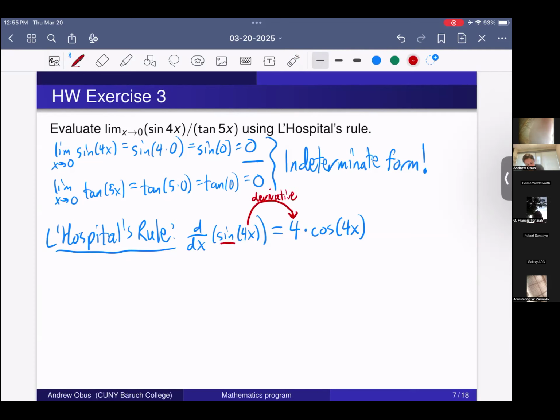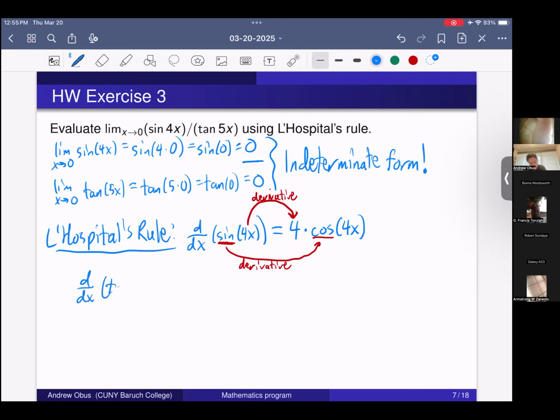And then you also take the derivative of the exterior function, and that's why the sine is becoming the cosine, but it's not just cosine of x, it's cosine of 4x. So basically, derivative of sine is cosine, so derivative of sine of 4x is cosine of 4x, but you also have to multiply it by this extra factor, 4, that comes from the derivative of the 4x. So derivative of sine 4x is 4 cosine 4x.